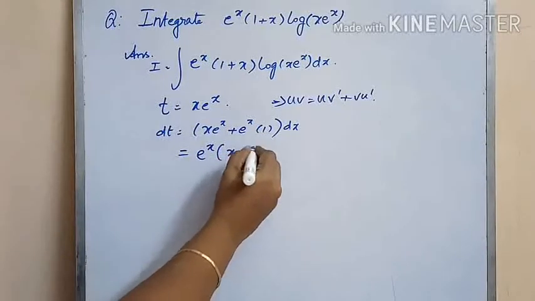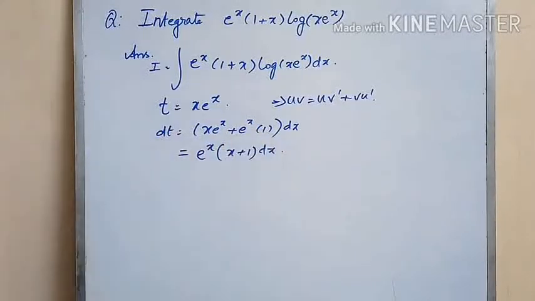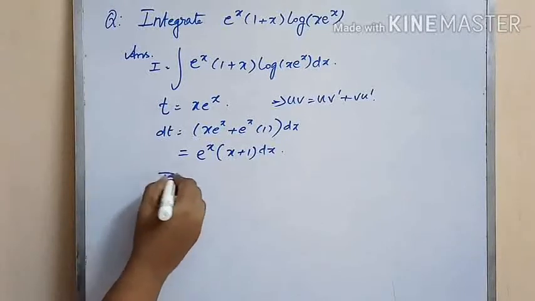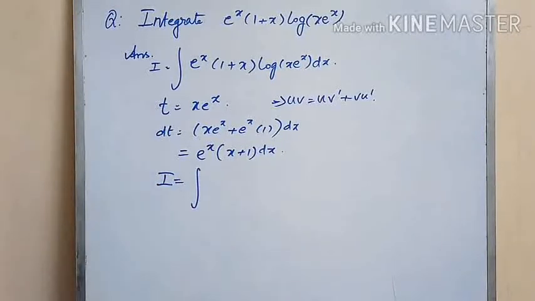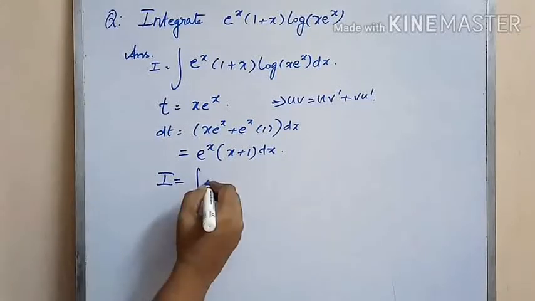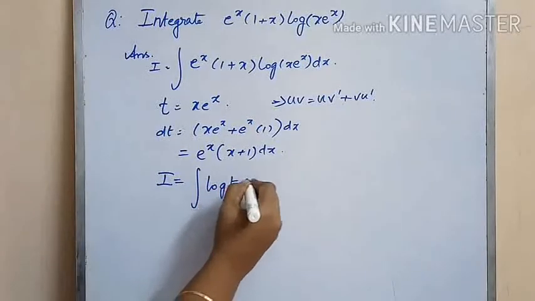Bringing out e to the power of x common outside, we get e to the power of x into x plus 1 into dx. Substituting these values in the integral I, we get I is equal to integral of log t into dt.